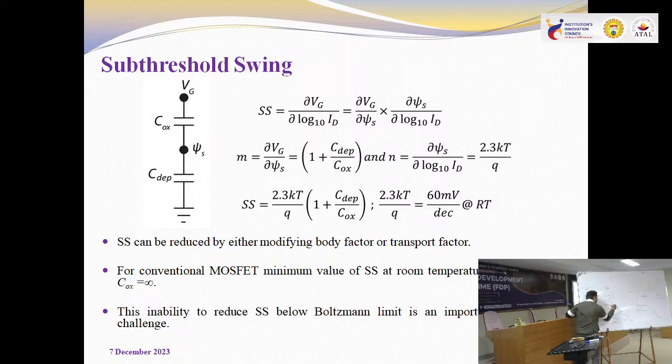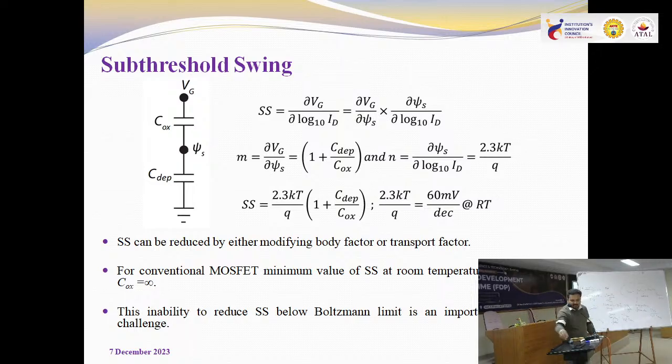Swing is SS, the inverse, meaning subthreshold slope inverse. So this will be the rate of change of Vg, del of Vg upon del of log ID. This is your subthreshold slope, this is slope, this is swing.